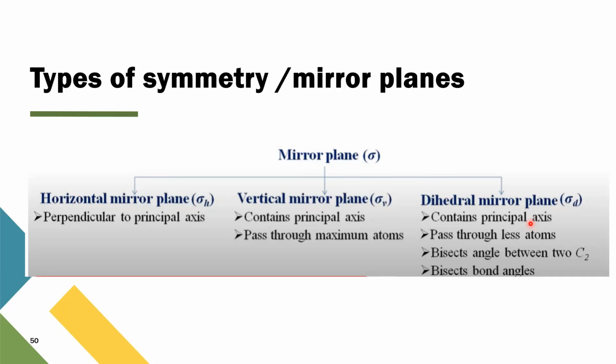So it's a vertical mirror plane which passes through fewer atoms, and it also bisects the angle between two C2' axes. We saw in the benzene molecule there are several C2' axes, and in certain cases the mirror planes bisect them.